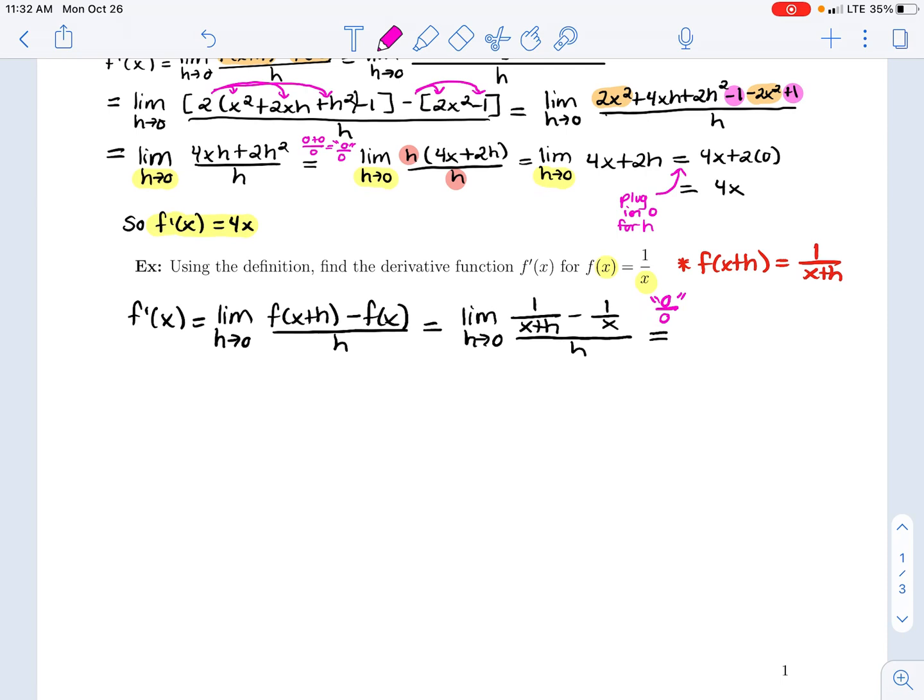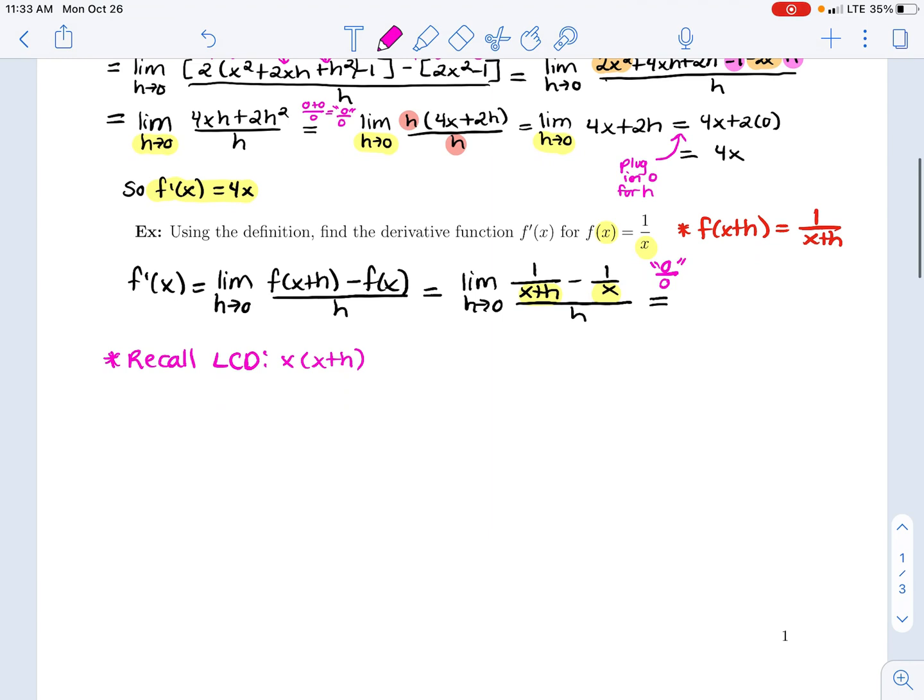And so I want to just recall that my LCD, or my least common denominator, between these denominators is x times x plus h. Okay, so I need to multiply both fractions by whatever's missing. So in the first fraction, 1 over x plus h, I'm missing an x. So I need to multiply top and bottom by x. And then same thing with 1 over x.